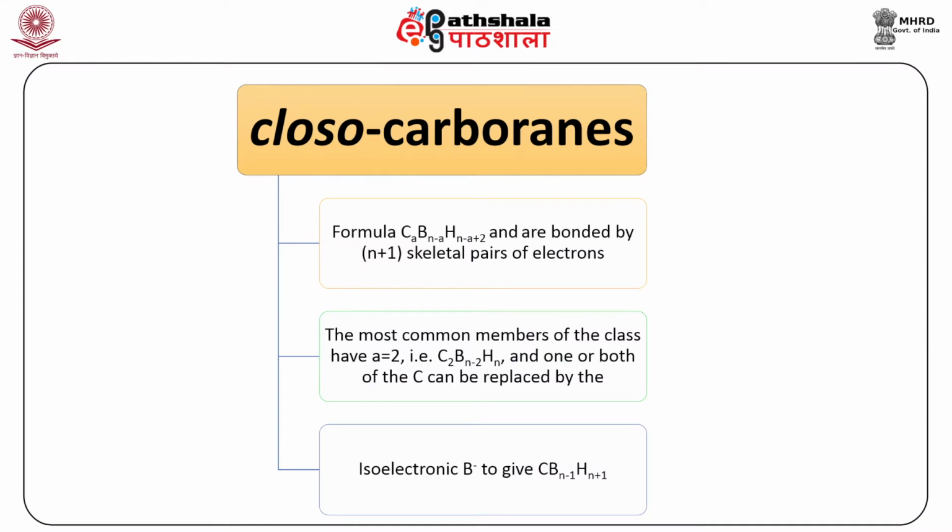The closo carboranes have the general formula CaBn-aHn-a+2 and are bonded by n+1 skeletal pairs of electrons. The most common members of the class have a equals 2, that is C2Bn-2Hn, and one or both of the carbons can be replaced by the isoelectronic B- to give CBn-1Hn+1.